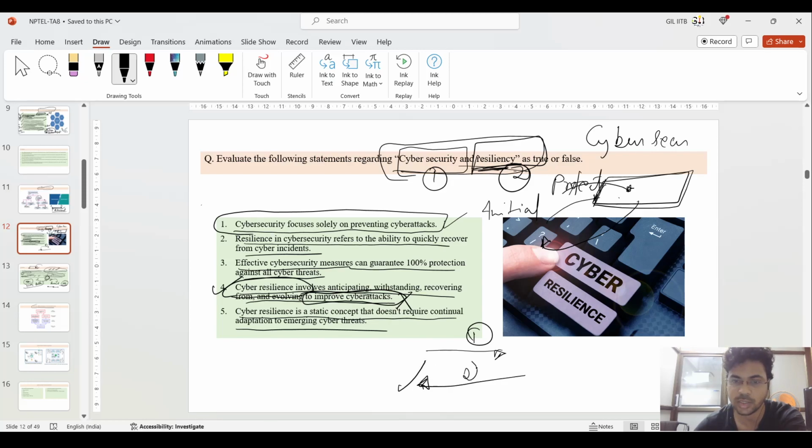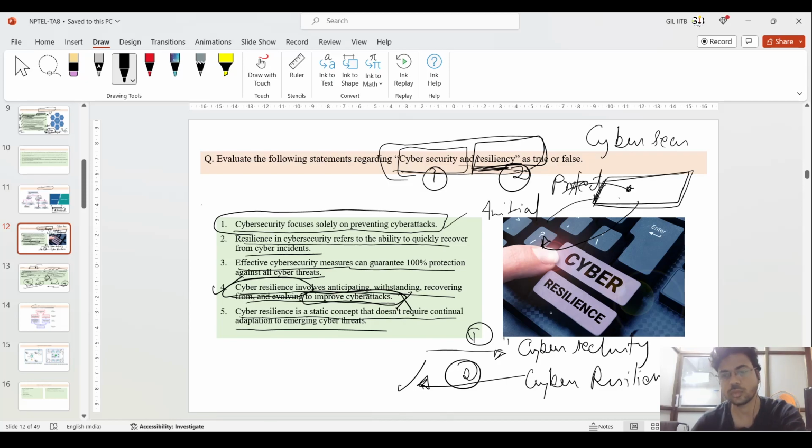The attack happening is one situation; coming back from the attack and making your system return to the normal condition is the second situation. So in the first situation, I have defined the term cyber security. The second situation is resilience.